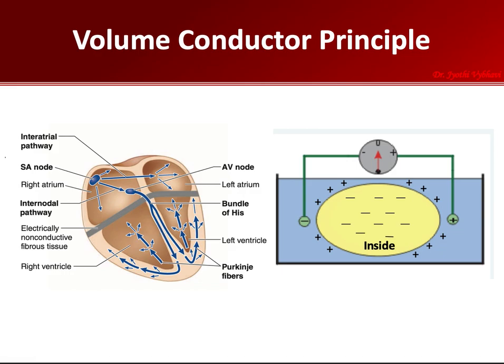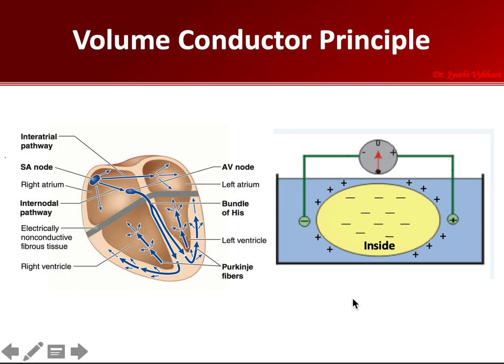And when it is undergoing that, the electrical currents are conducted through the body fluids and body tissues. They are called volume conductors. When you place electrodes on the body surface, these electric currents are picked up by the electrodes and we get an ECG, electrocardiogram, on the ECG machine. So this is the principle.